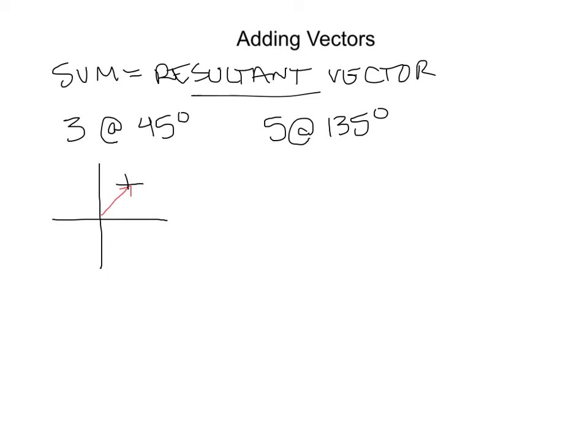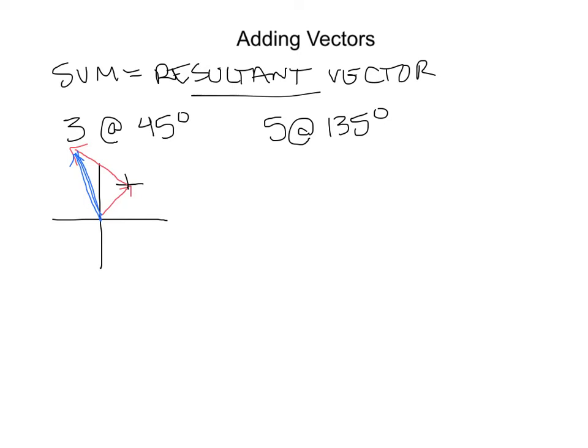To add these together, tip-to-toe method, we want to start our origin again at the end of the first vector. I'm going to add in the second vector, the 5 at 135 degrees. So we're going to see our resultant vector is going to be this guy right there. And that's what we're going to be looking for.